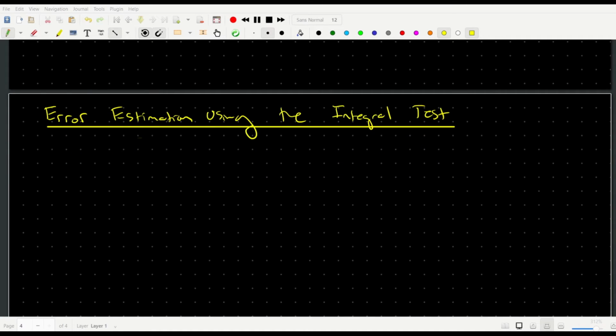So in general, we'll assume that we have a convergent series and that this convergent series converges to S, where S is exactly this summation from k equals 1 to infinity of ak.